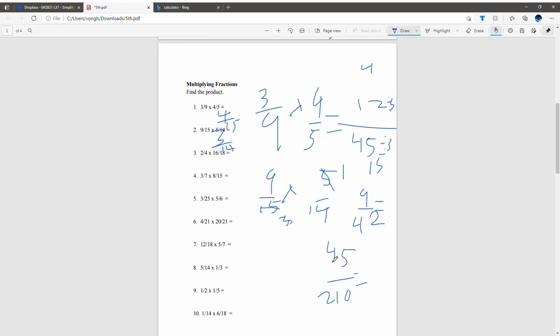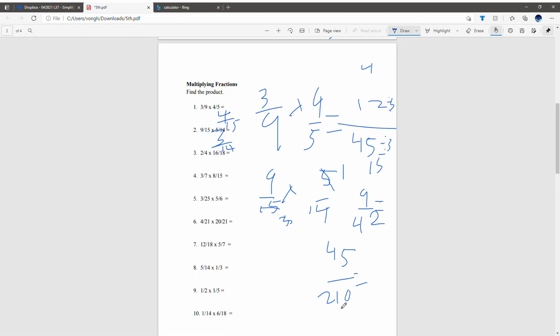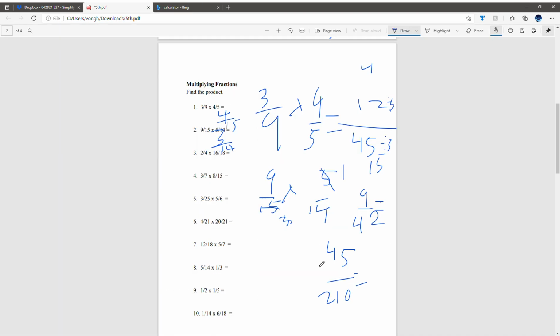Sorry, I did it wrong. You divide the top and bottom by 15. So 45 divided by 15 equals 3, and 210 divided by 15, you get 14. But that's so much math, so that's why you just simplify it at the beginning.